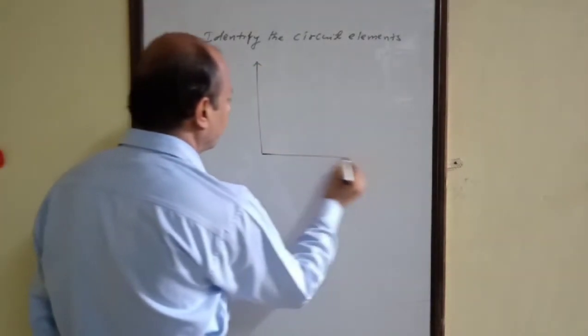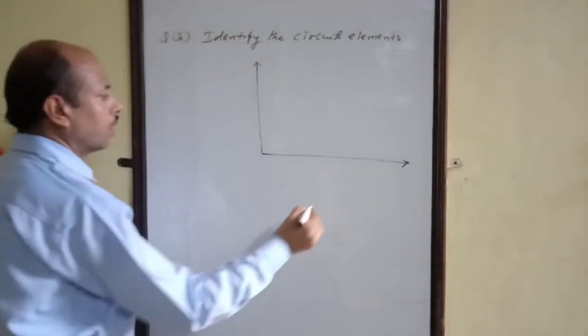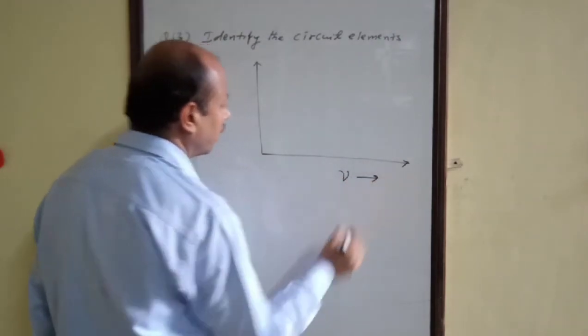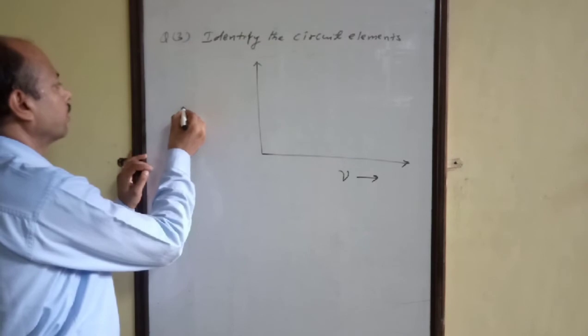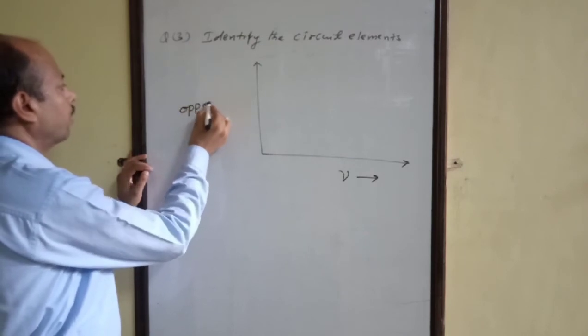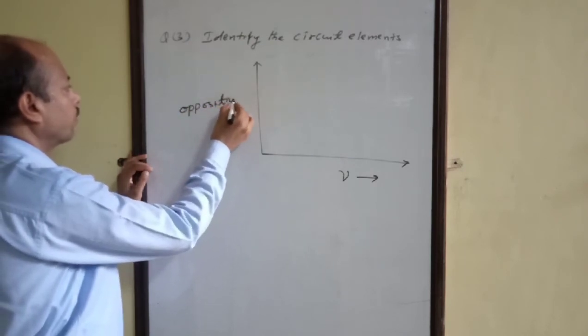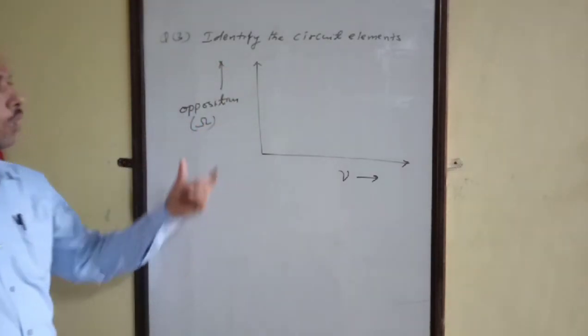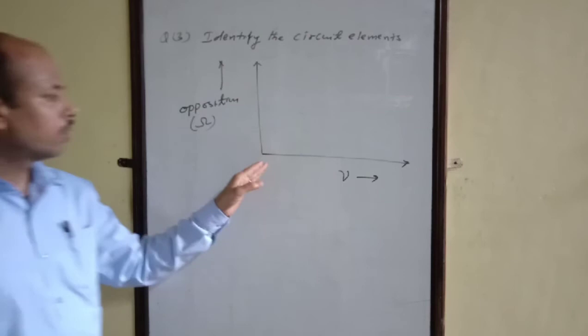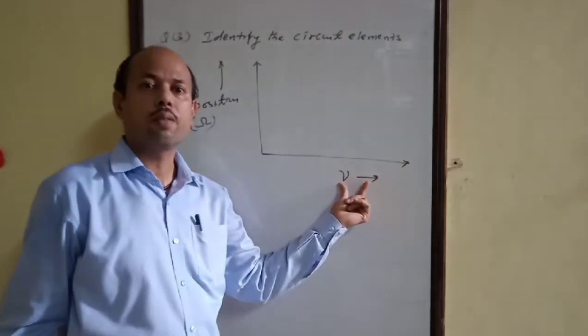One graph is given. Here it is nu, the variation of frequency, versus effective opposition, having unit ohm. The effective opposition is given, and the variation of frequency is given.